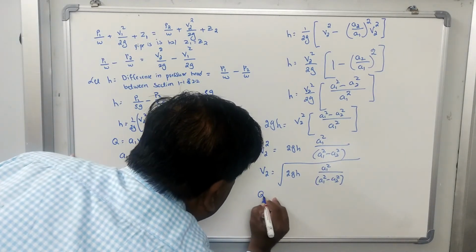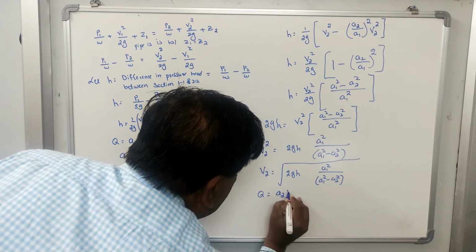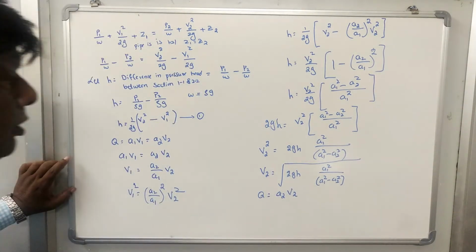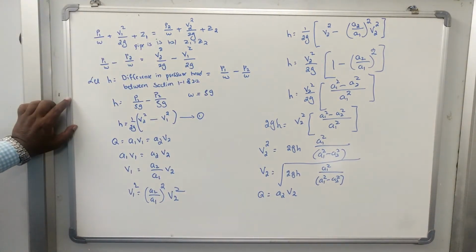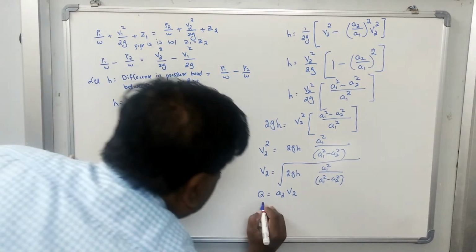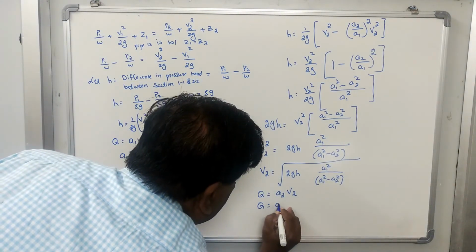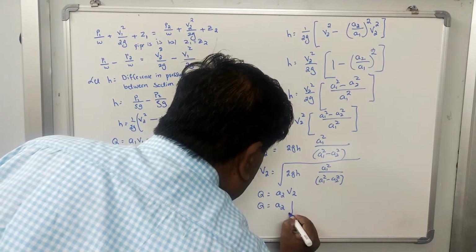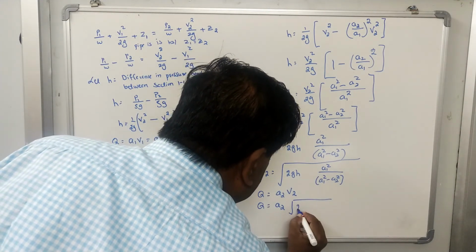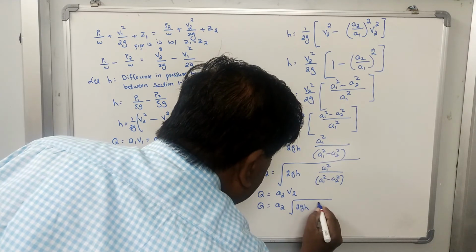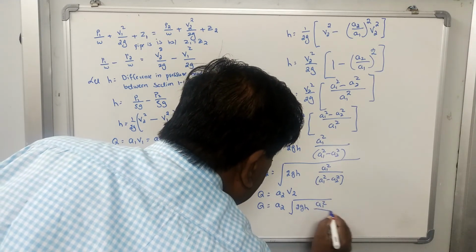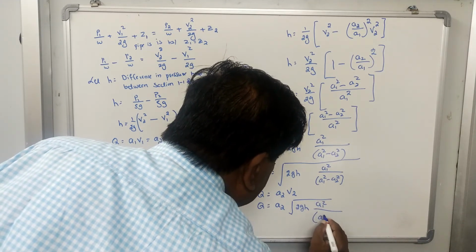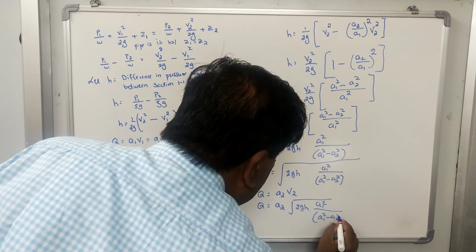Q is equal to A2 times the square root of 2GH A1 square divided by A1 square minus A2 square.